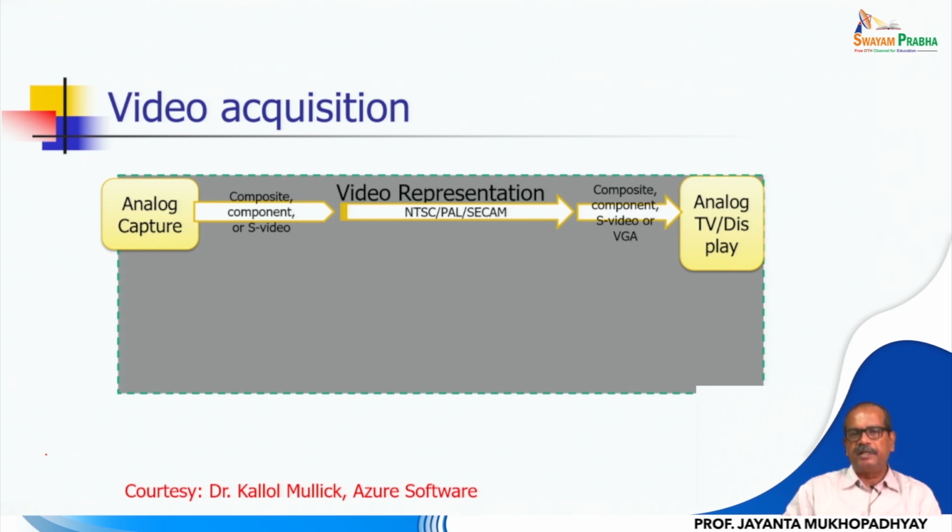These samples should be read so that we can get a two-dimensional frame out of them, and also a sequence of frames from that time-varying signal. There are different kinds of formats like composite, component or S-video. These are different kinds of formats, and then finally there are standards by which the signals are represented.